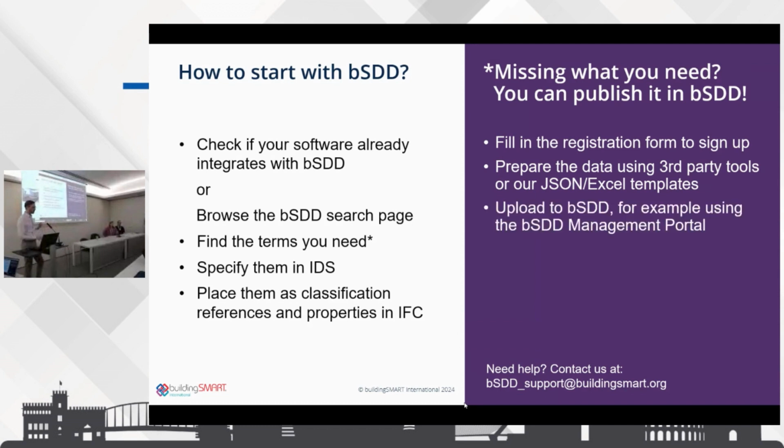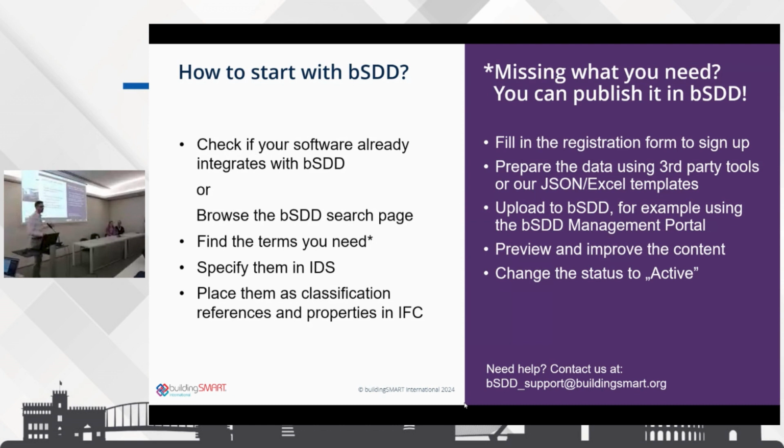We have a management portal to manage the content, and we allow you to upload it in BSD and see how it looks from the software that you're already familiar with. And as soon as you are satisfied with the content, you can set the status to active and indicate that this content is already considered useful and can be used by others in their projects, on their contracts.